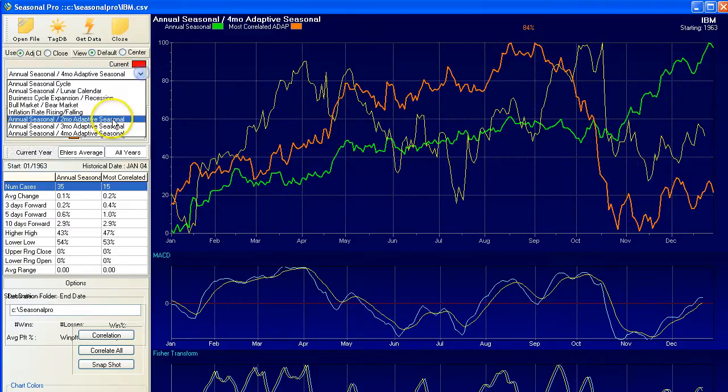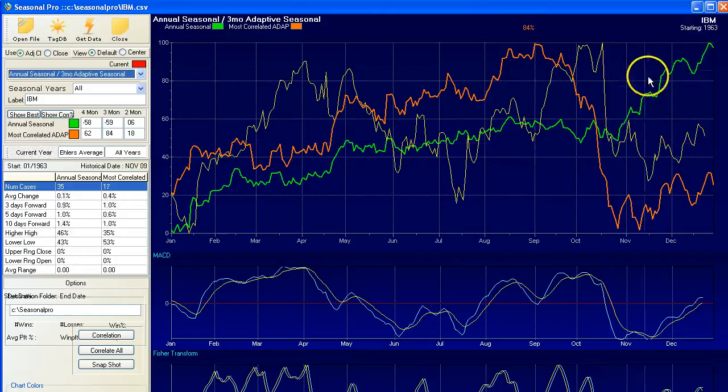What if we pick, let's use the 3 months, half of those years to create a subset of years and then create the seasonal from that? Well, that's what this orange projection line is.